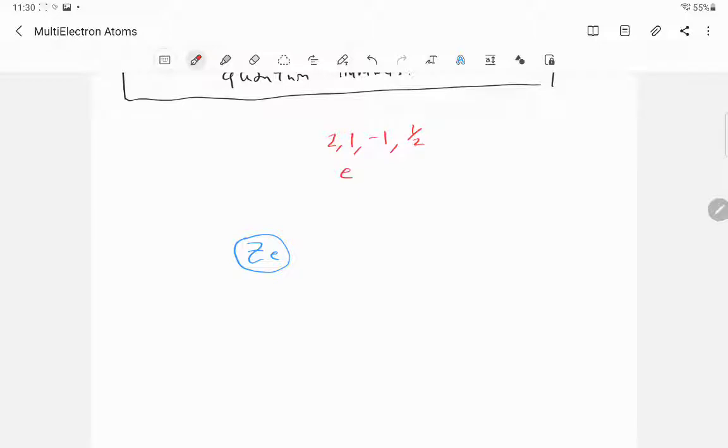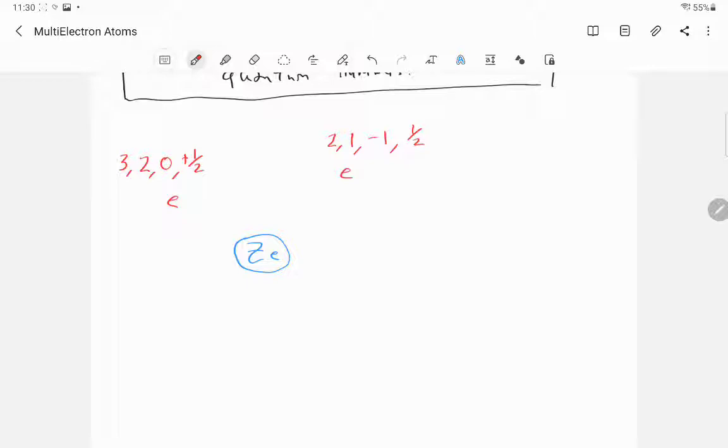And the other electron, let's invite a second electron in. Let's put it in n equals 3 with L equals 2, M sub L equals 0, and the spin also up in the z direction, right?